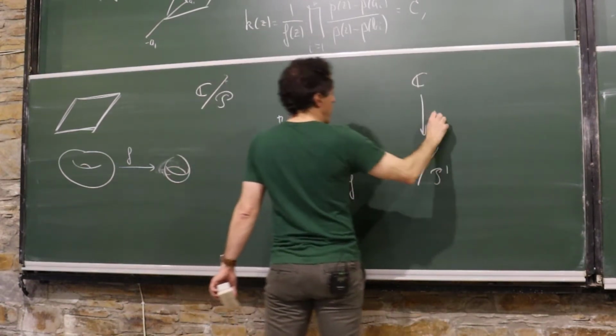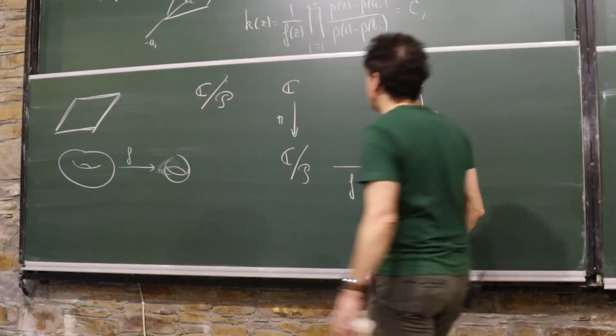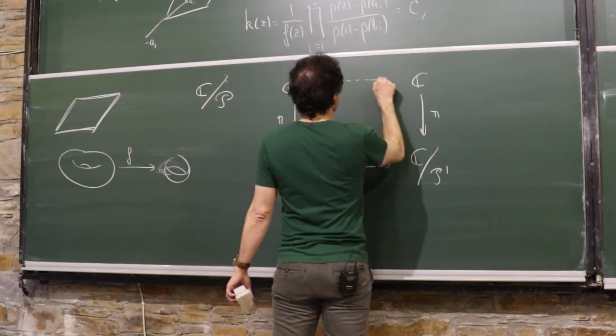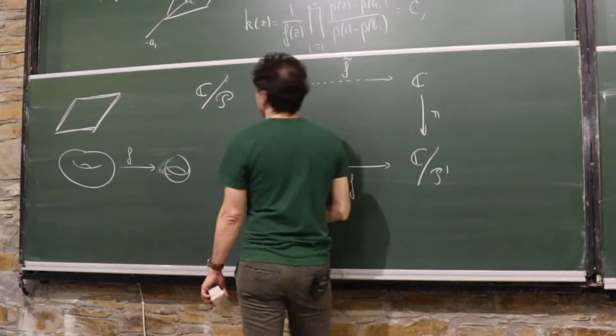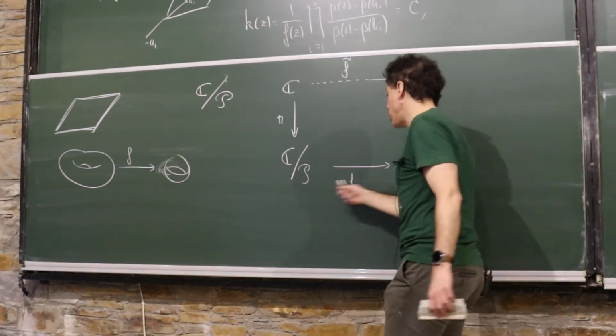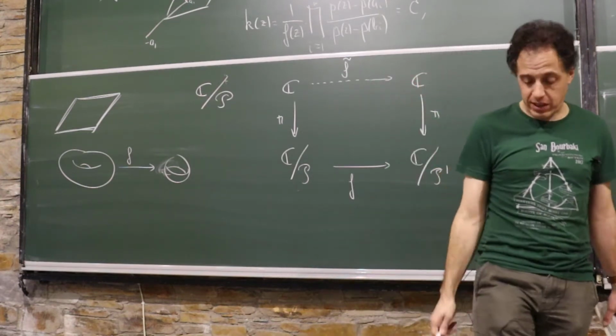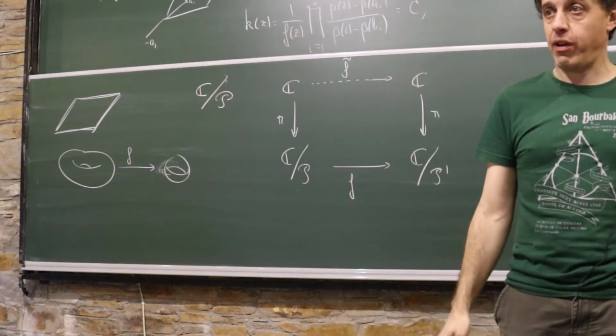You have the quotient map here, and this map F can be lifted. It's a fact that this map F can be lifted. It's quite easy to lift, and if this map F turns out to be biholomorphic, you can lift this map as F tilde, a biholomorphism there.